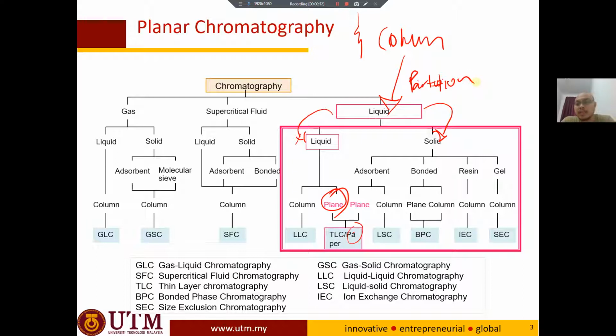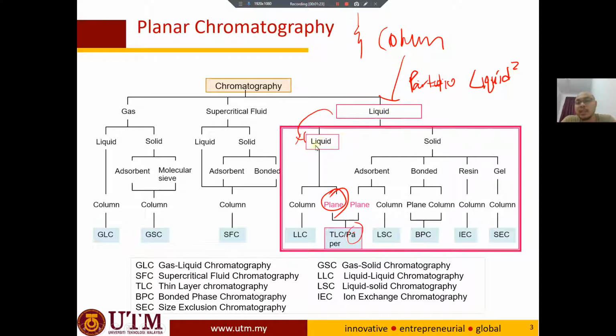I'm not sure if it's the first time you have heard these terms. Partition chromatography refers to the one that has two immiscible liquid phases. Partition means liquid phase, for example liquid stationary phase and liquid mobile phase.